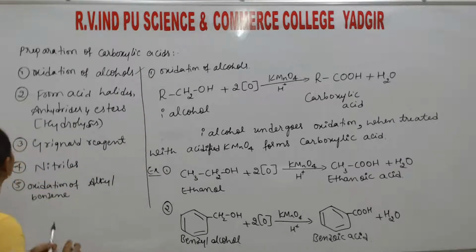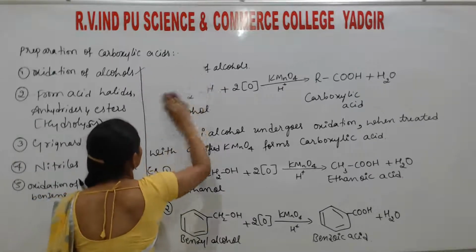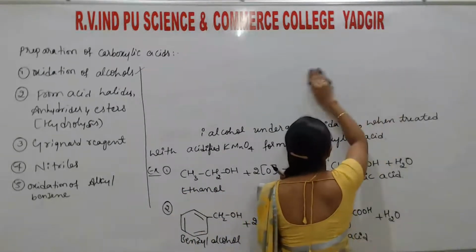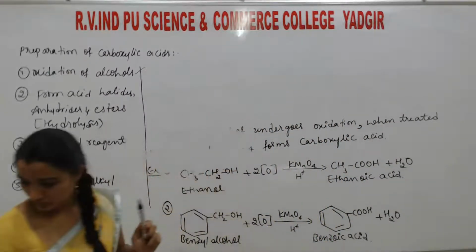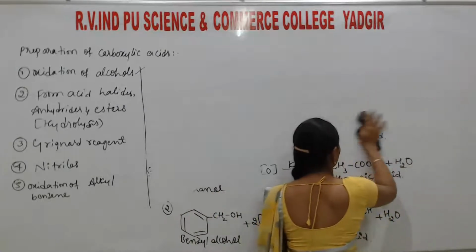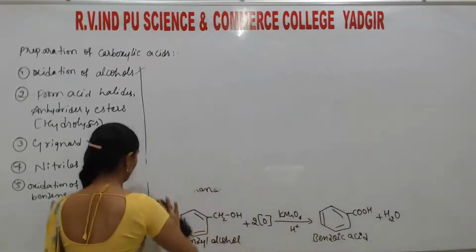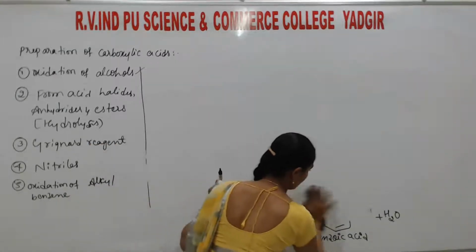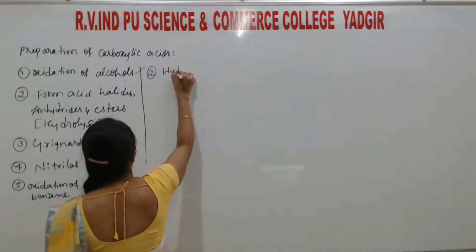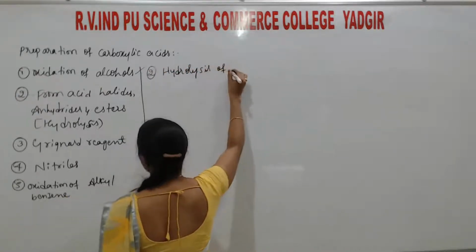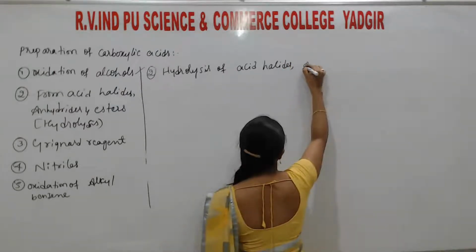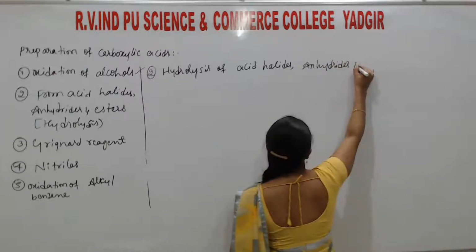Okay. So the next, the second one, is hydrolysis of acid halides, then acid anhydrides and esters.